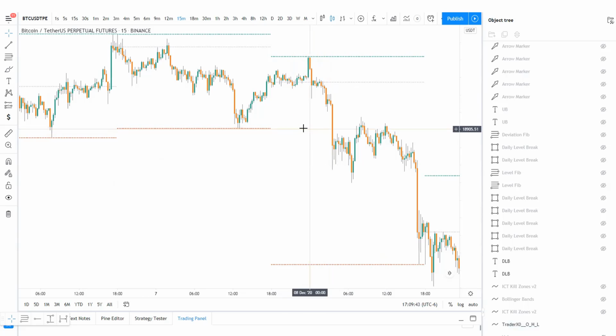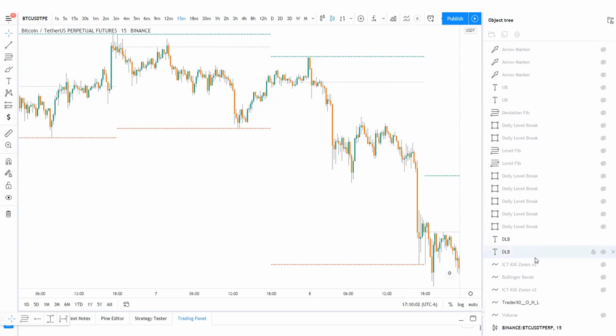When I see that, that's a good indication of continuation coming because there's a lot of momentum. And so a lot of times that will create a multi-day directional move.